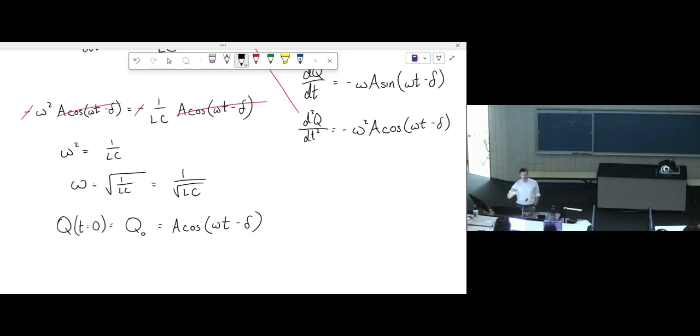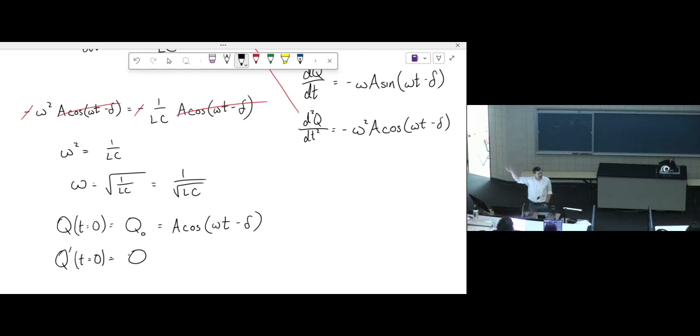But if we start with maximum charge on the capacitor, then that means that the first derivative of Q at time t equals 0 has to be 0. Right? If it's a maximum, that means that the first derivative has to be 0.